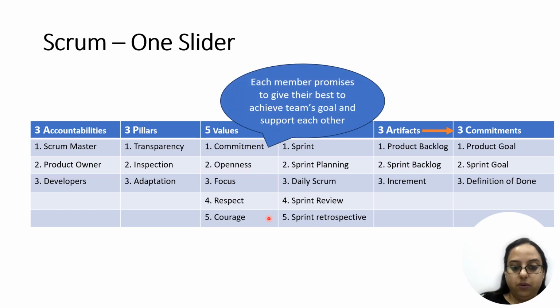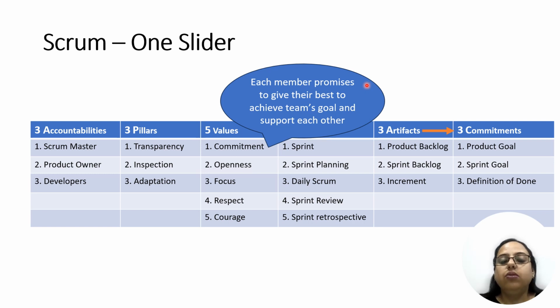Let's talk about these one by one. Commitment, right? Commitment is that each member promises to give their best to achieve the team's goals, and they support each other, right? They're highly committed towards the common goals of the team. An example of this is offering help to other team members if they are stuck anywhere, working in pairs, adopting practices like pair programming.